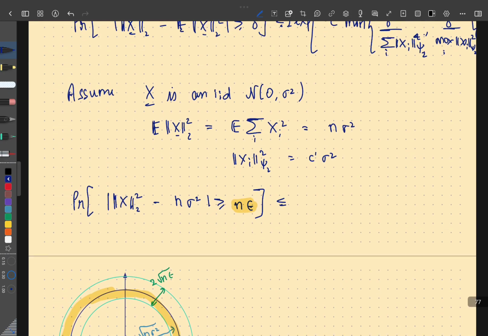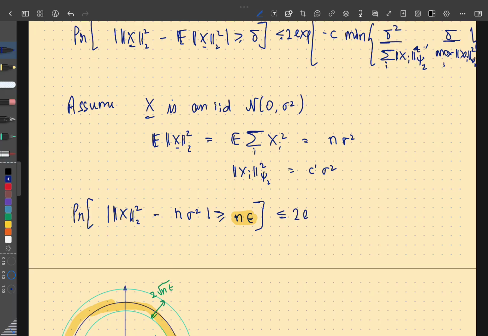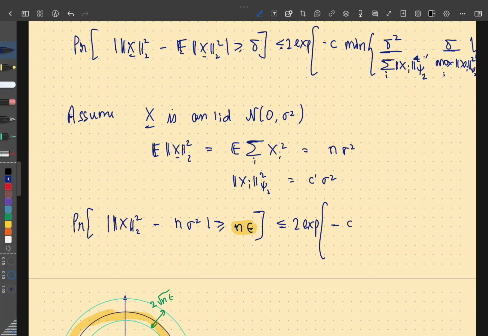if I apply Bernstein's inequality, I get that this is upper bounded by 2 times e raised to minus some constant times the min of, remember delta is n times epsilon, so n square times epsilon square divided by the summation over i of the subgaussian norm of xi whole to the power 4.